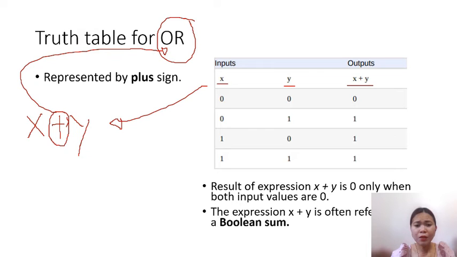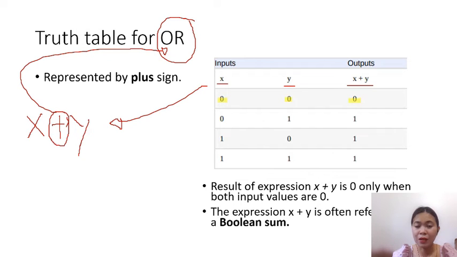So the rule of the truth table for the OR operator is that the result of the expression x or y is 0 only when both input values are 0. As you can see here, that's why the first row of our table has the output of 0, because the combination of both x and y are 0.